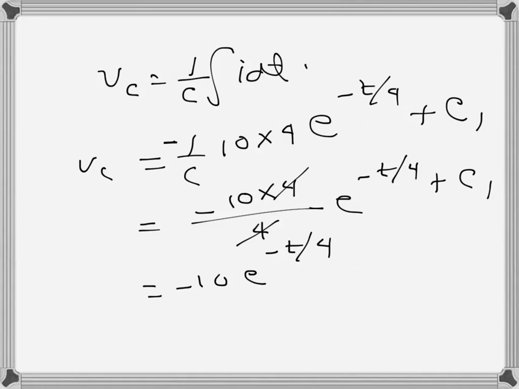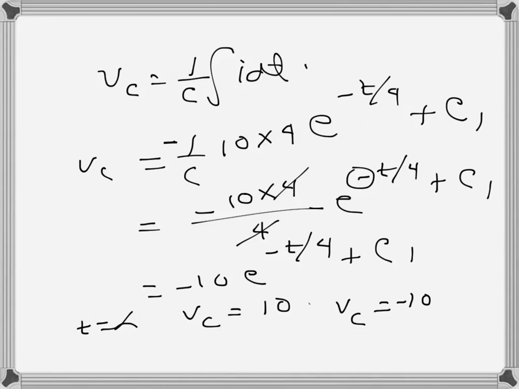The negative is coming because of this one, and the capacitor voltage at t equal to infinity, Vc will be the voltage across the resistance, so that's 10. So we can write Vc as negative 10 e to the power minus t over 4 plus C1.